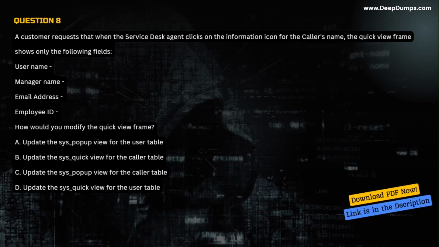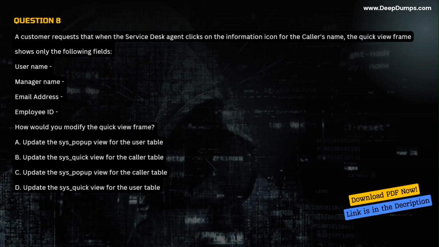Question 8. A customer requests that when the service desk agent clicks on the information icon for the caller's name, the quick view frame shows only the following fields: username, manager name, email address, employee ID. How would you modify the quick view frame? A. Update the sys_popup_view for the user table.